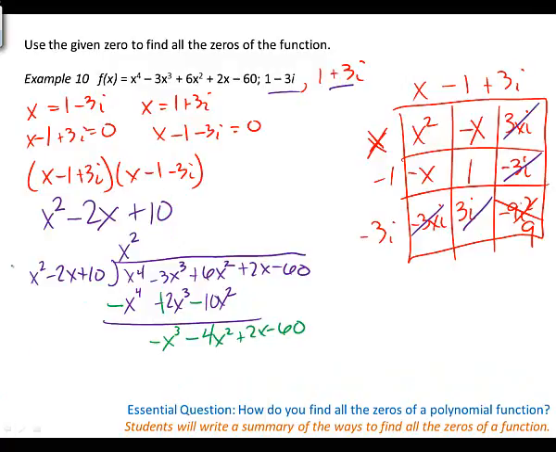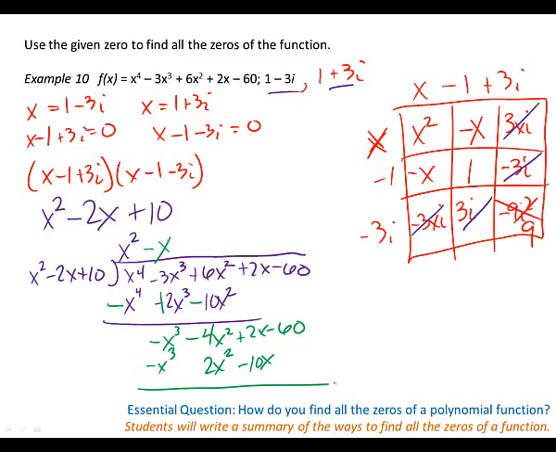Okay. How many times does x squared go into negative x cubed? Negative x times. So I'm going to distribute that. So I get negative x cubed. What's negative x times negative 2x? Positive 2x squared. All right, negative x times 10 is?